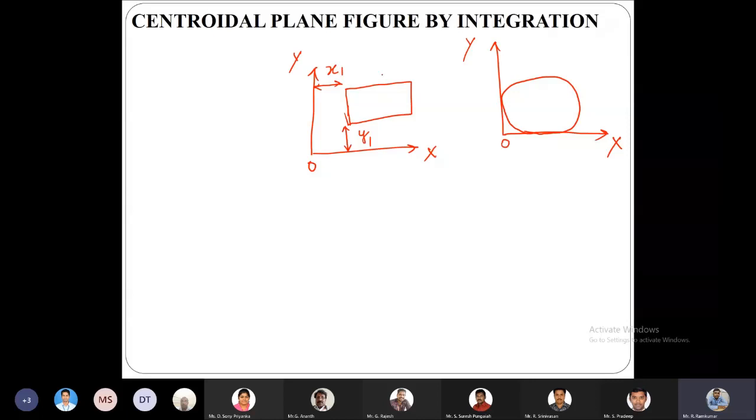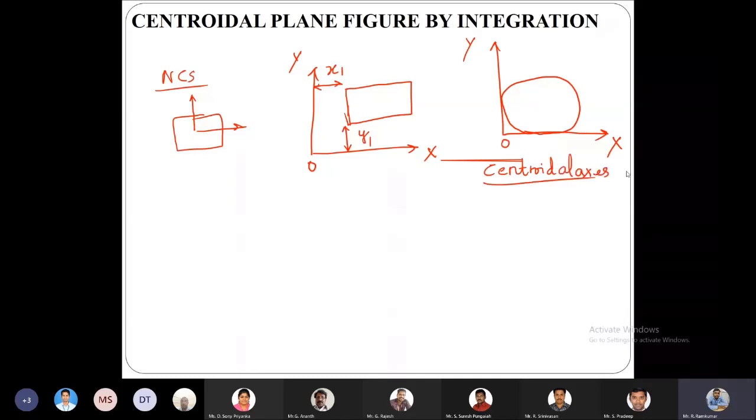And next one we have the natural coordinate system, NCS. In NCS we will be taking the axis which is passing anywhere inside the object, not the center but anywhere inside the object. So the axis has to pass anywhere inside the object, and then it can be called a natural coordinate system. But here we are going to see a term called the centroidal axis. This centroidal axis is nothing but an axis which is passing through the centroid of the given object.